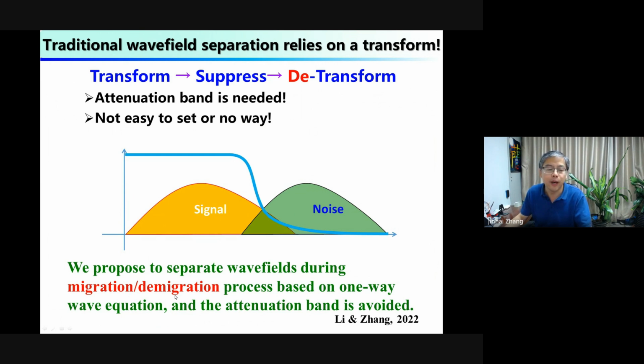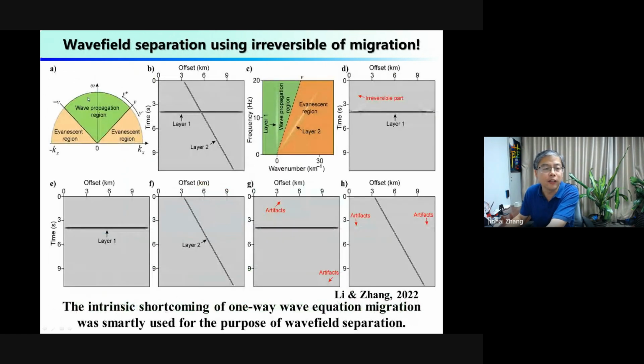That means we smartly use this behavior as a new filtering. This is very important. Although the computational cost is relatively high, it's worth it because we can keep more signal and remove more noise.